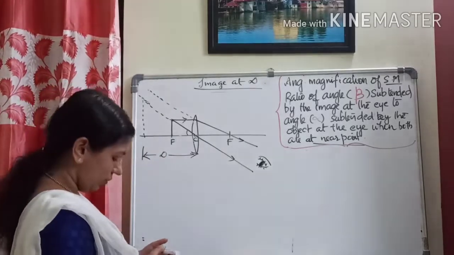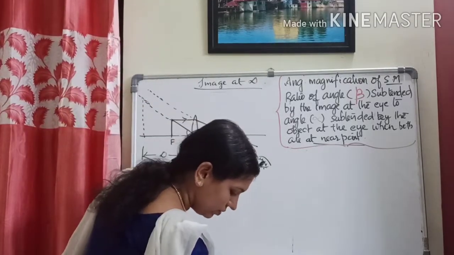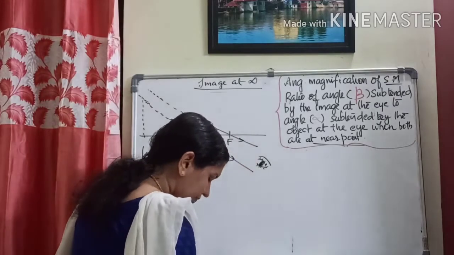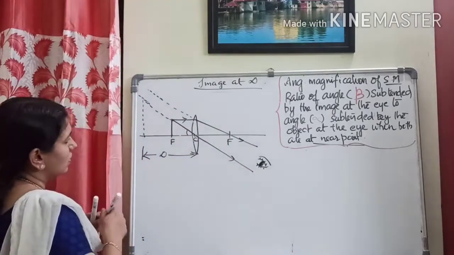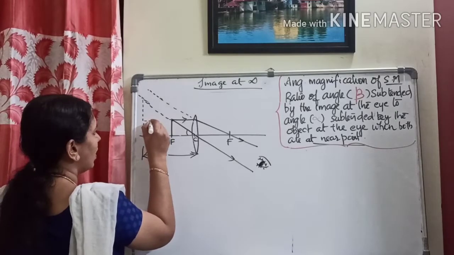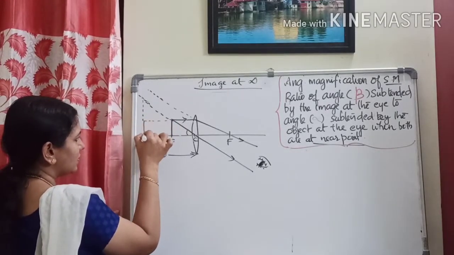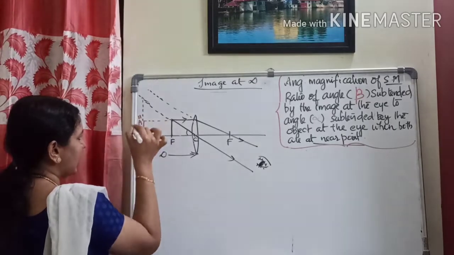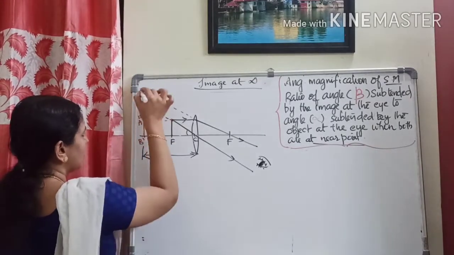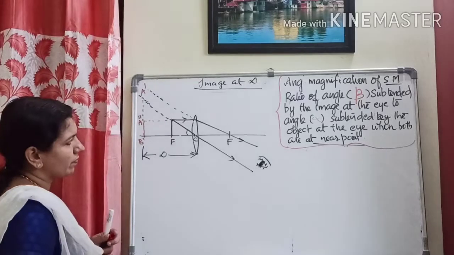Okay, na? Now, this distance I can mark like this because the object and image should be at the same point, right? So this distance I can mark as A dash, this is B dash, this is again A dash.